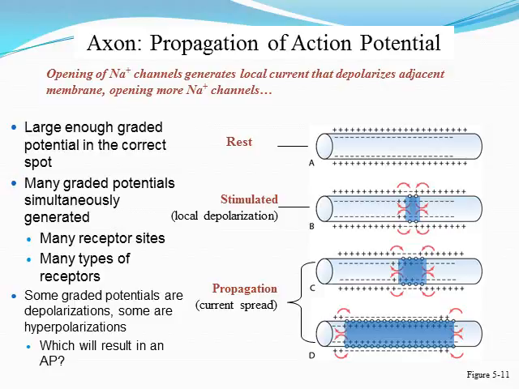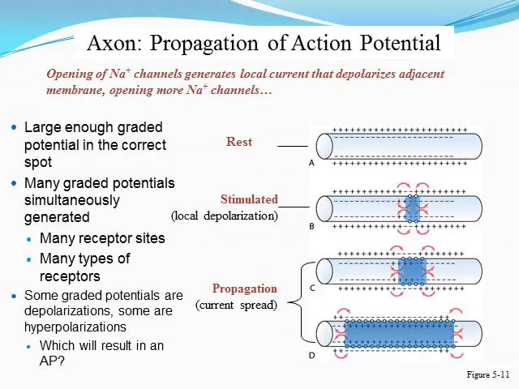Now, how do we get this? I think I've already touched on this, but you can have one large graded potential right near the trigger zone that can cause enough threshold to be reached right at these voltage-gated channels to cause the signal to move. Or you can have many graded potentials throughout the cell, so many receptor sites or different types of receptors that open and help to depolarize the cell.